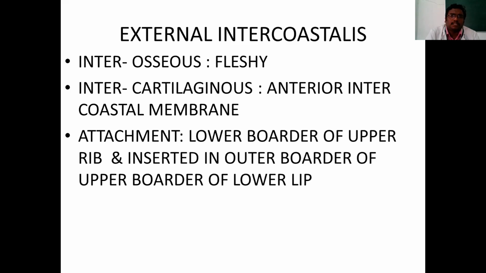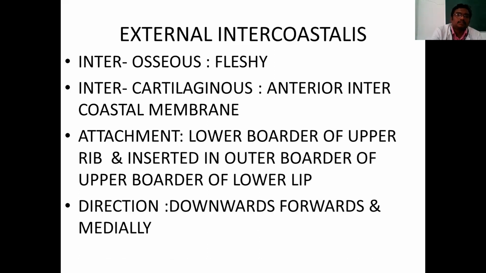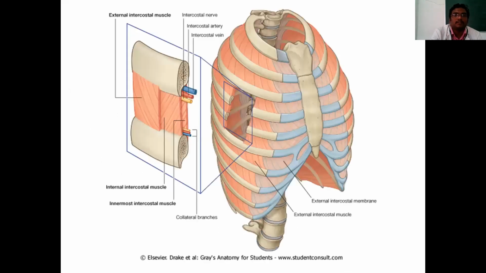So above, the muscle is attached to the lower border of the upper rib and inserted into the upper border of the lower rib. The direction of the fibers is downwards, forwards, and medially. The first muscle you are seeing is the external intercostal.